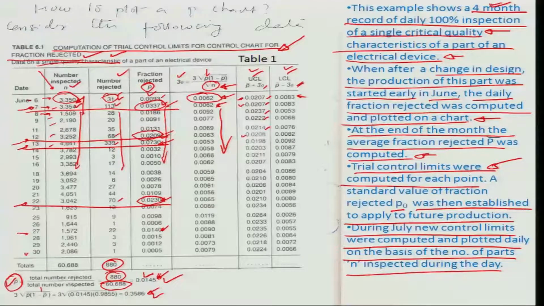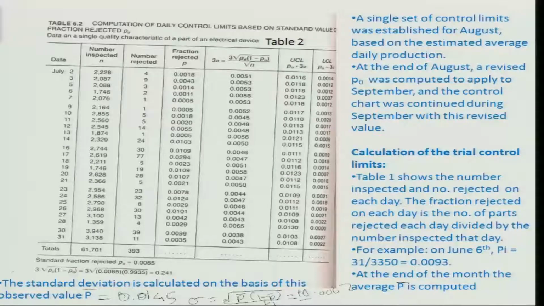So, you are completely eliminating these 4 points which are outliers and finding the fresh P dash value corresponding to that, and that comes out to be 0.0065. So, because of the elimination of these outliers, in the second month when you try plotting the control limits, you have to take an average value P0, which is formulated by eliminating the outliers from the month of June.